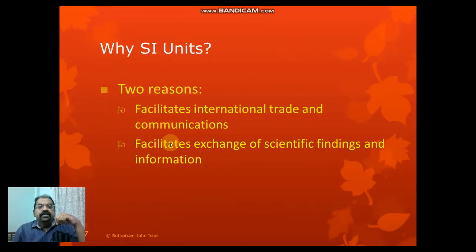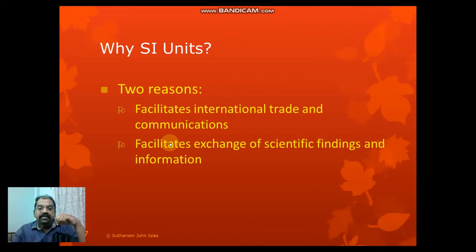Now, why SI units are required? What is the reason? Because they facilitate international trade and communications. Whenever you are using one language for communication, it is always required that the language should be common. Similarly, when we are using units for measuring a certain quantity, if the units are not the same, then it is difficult to understand on this side and that side.